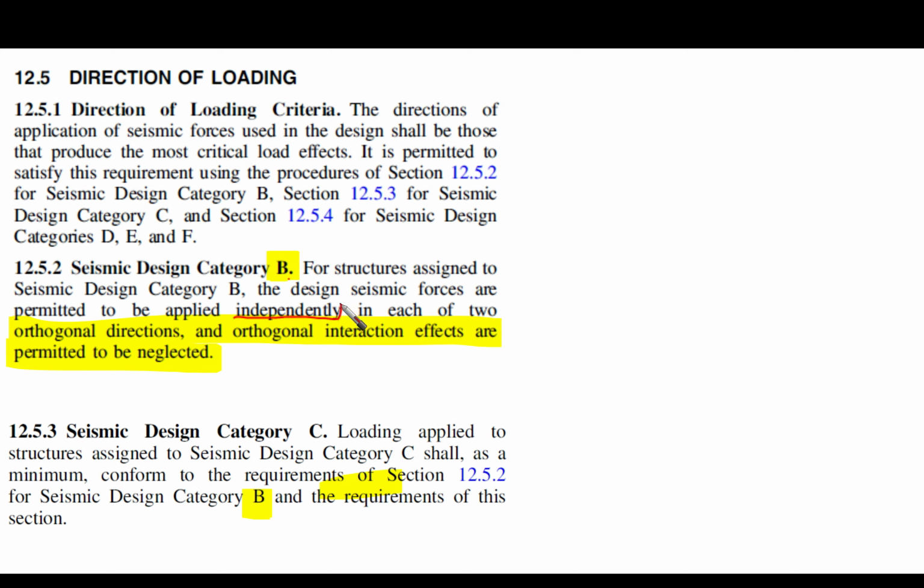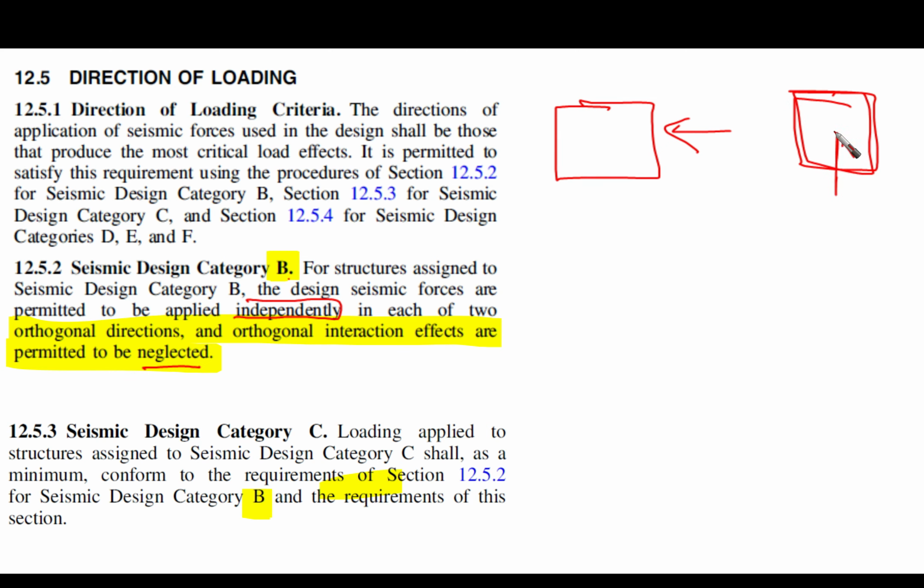Take care of this, independently, in each of the two orthogonal directions, and orthogonal interaction effects are permitted to be neglected. So we're not going to consider anything. We are going to have one earthquake load from here and the load from here, and then independently, whatever element is going to be designed, design it once here and once here, whether it works or not. Okay, independently. That's the point.